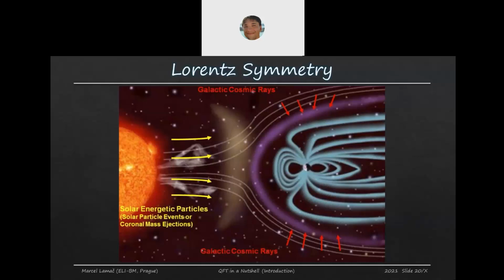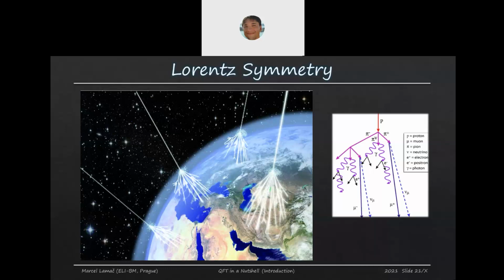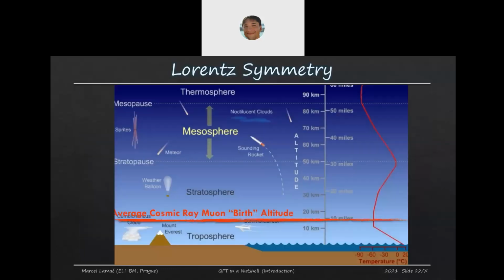Obviously, we know that special relativity works. A pedagogical example is that when we have solar energetic particles, for example the protons that are emitted in coronal mass ejections, hitting the Earth, then if they are very high energy, they can get to the atmosphere, and then they can decay, for example, to pions. These can decay to muons, and the muons usually are born somewhere around 15 kilometers. But there is an issue.